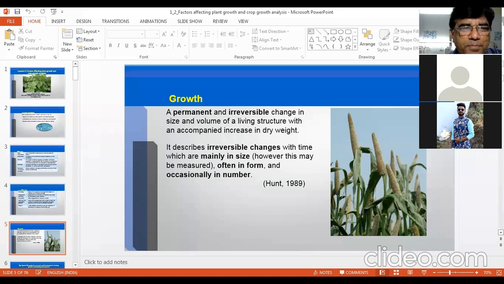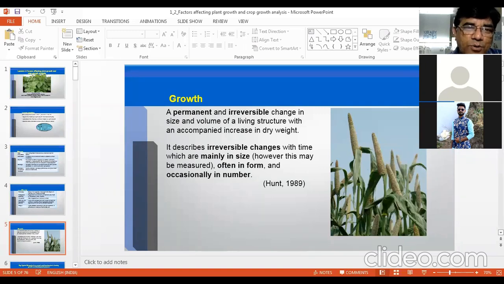Very good. Any other idea about growth? If we know the growth pattern of the crop, we can also devise several inputs. We can use our resources judiciously if we know at what point of time it is growing slow, at what point of time it is growing rapidly, and at what point of time it is at a slow or ordinary pace.